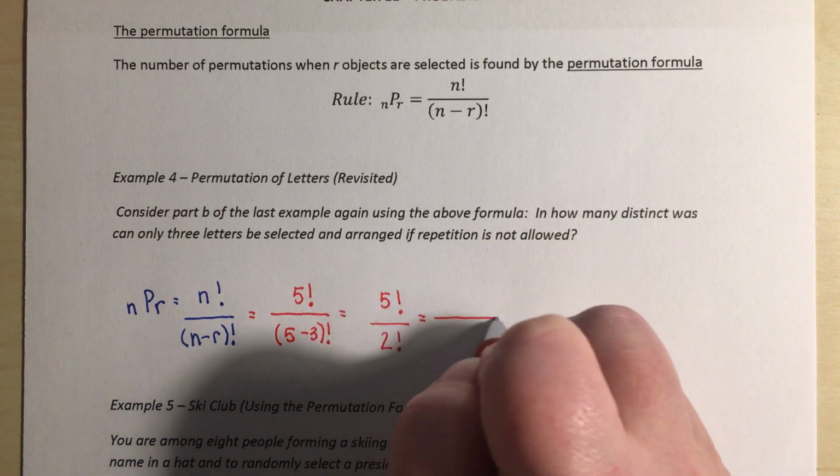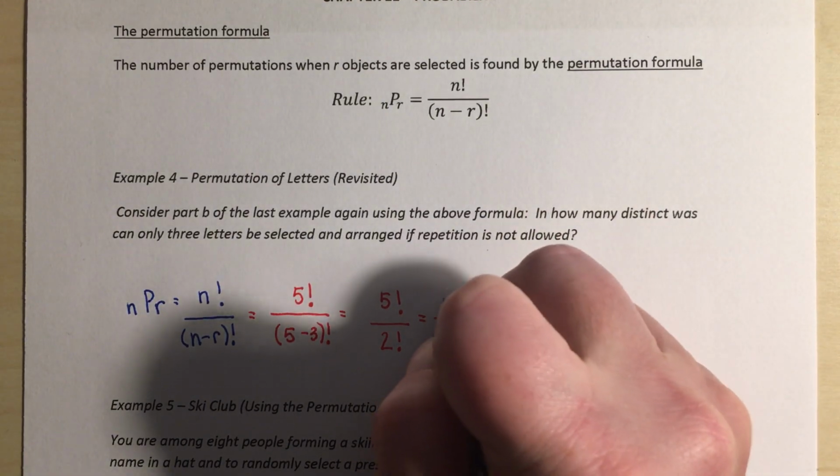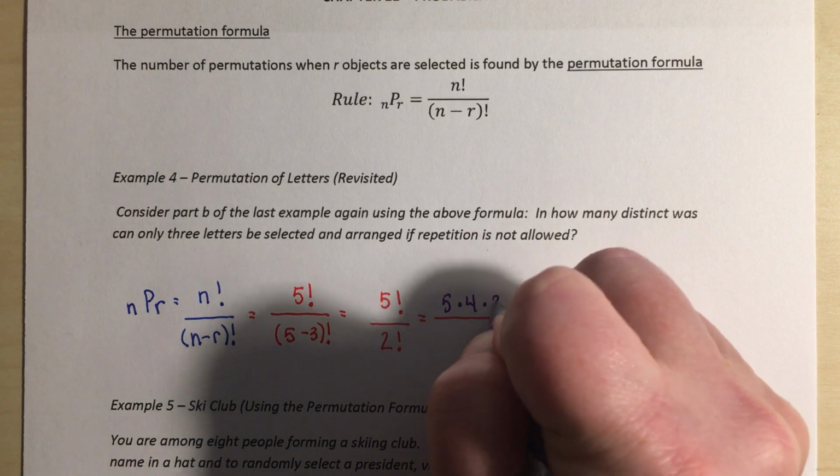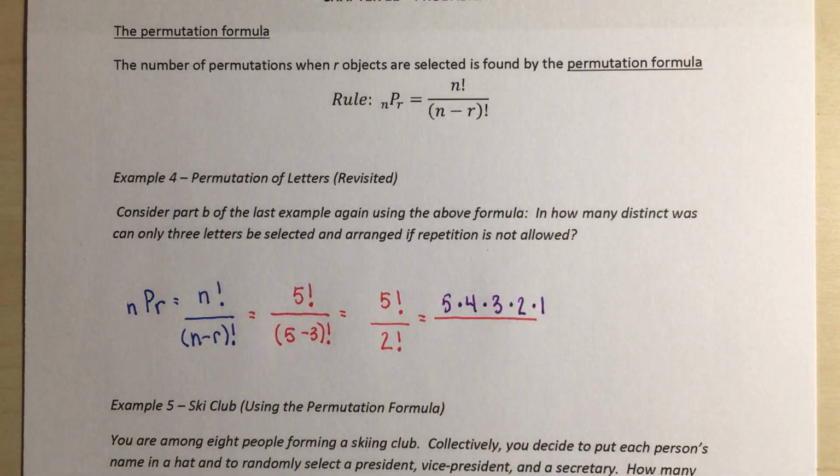All right, now I'm going to go ahead and write this out, and we're going to do some canceling here. So what we're going to see here is if we write out 5 factorial, for instance, switch up some other colors in here. All right, 5 times 4 times 3 times 2 times 1. There is our 5 factorial.